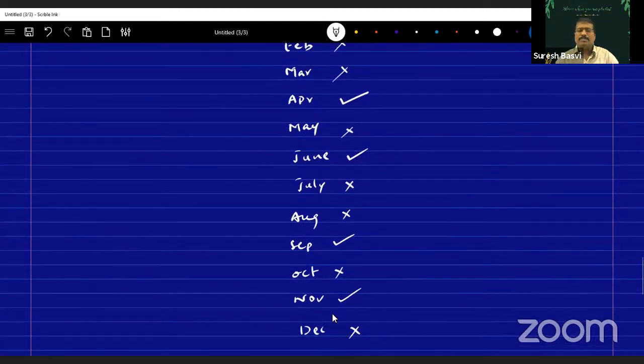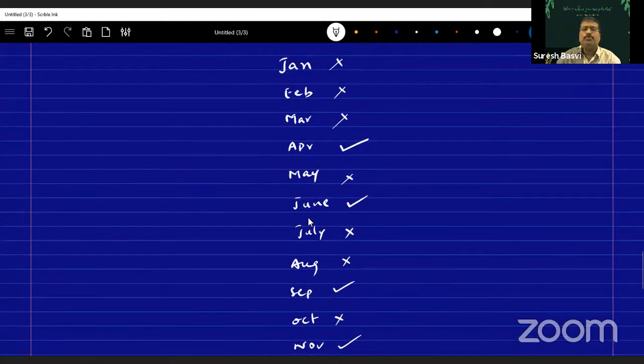So how many months are there having 30 days in a year? November, September, June, April. Only these, so you have to write the answer as April. Write it in small letters: April, June, September and November.